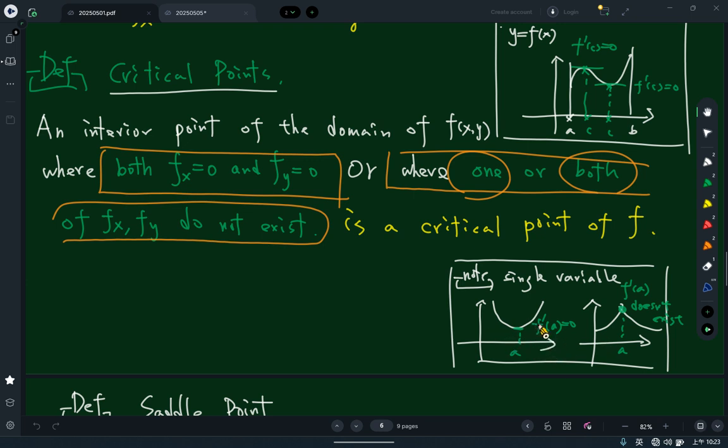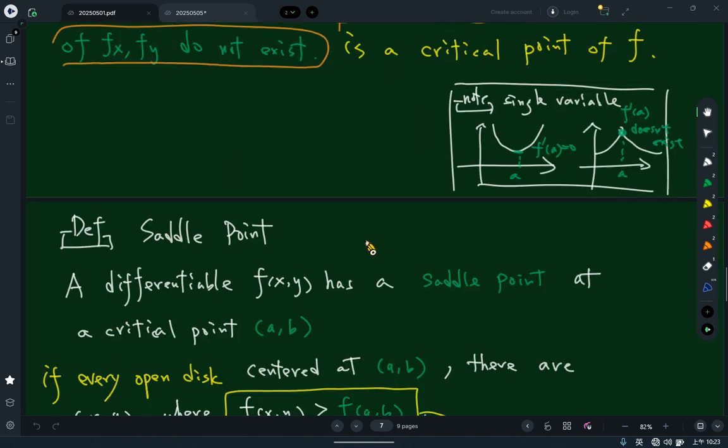For example, if f prime of a is equal to 0 or f prime of a does not exist, meaning it is vertical, positive infinity or negative infinity, then we say f prime of a does not exist. So for two variable functions, we have a similar definition for a critical point.